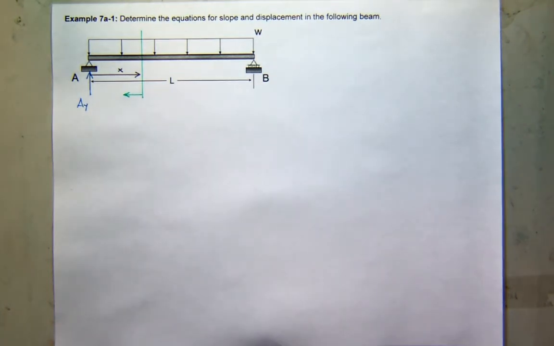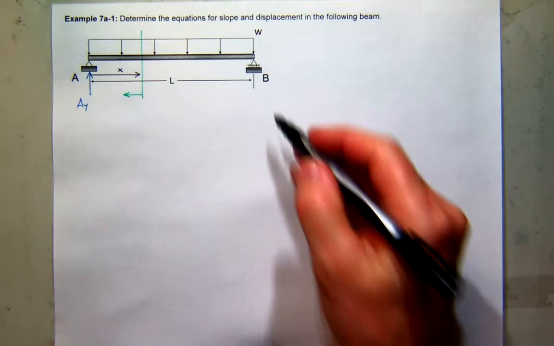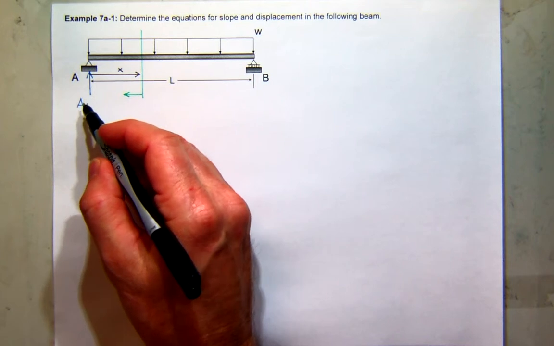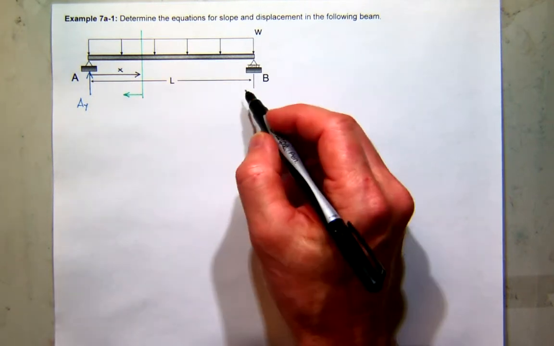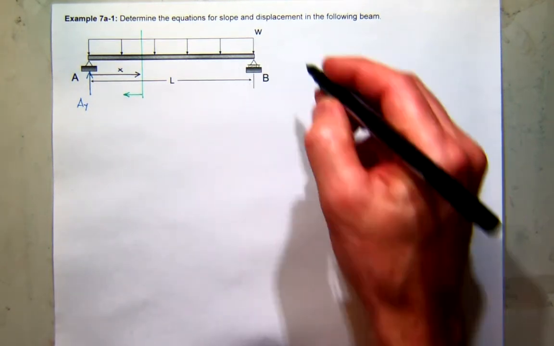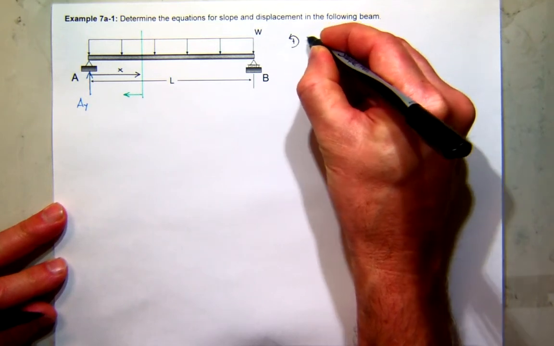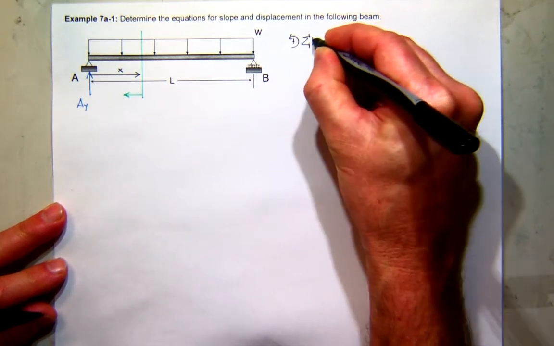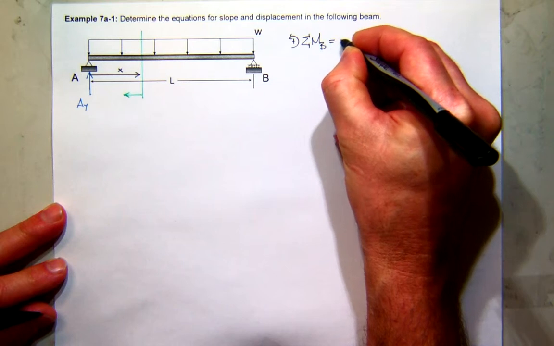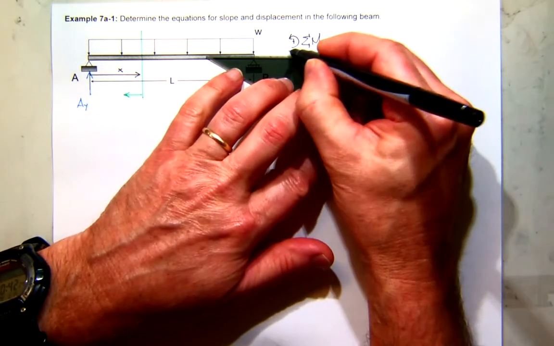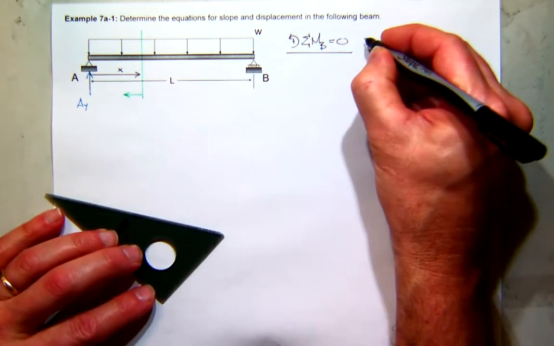So looking at the whole structure as a free body diagram, how do I find my reaction at A? You probably want to sum moments at B. So I'll do that. Using the right-hand rule for my sign convention, I will sum moments at B and make sure it's in equilibrium. That's what I want to do for equilibrium. And what do I have?